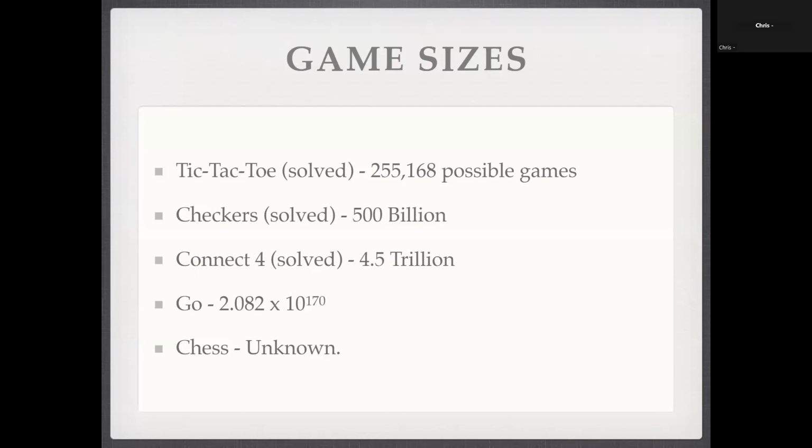This list of game sizes helps us to understand why the brute force method works better for some games than others. Increased complexity brings more possible positions, which can quickly become unmanageably large. Even a computer has a limit to how many operations it can do in a short period of time. One way to get around this is to partially solve a game.